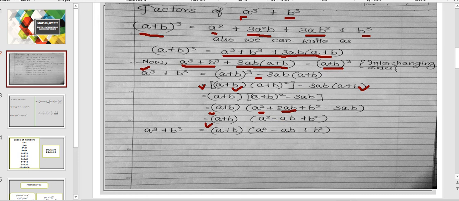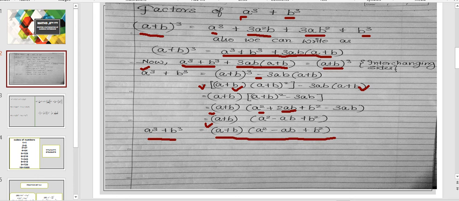After that, you will get the last expression of this factor in algebraic form: a cube plus b cube is equal to a plus b in a bracket, and then again one small bracket will open, a square minus ab plus b square, right? This will be your answer form.